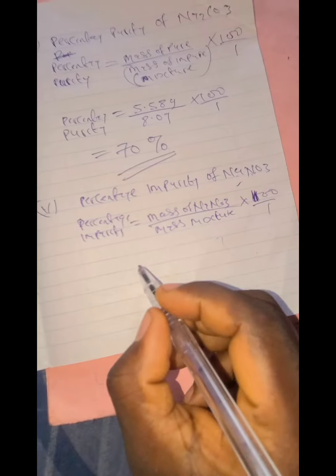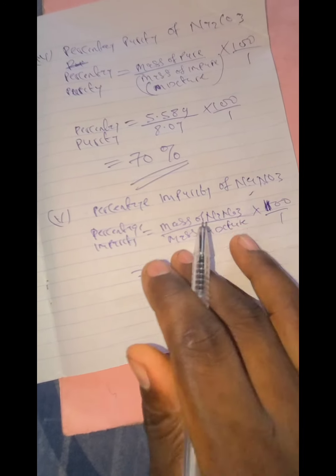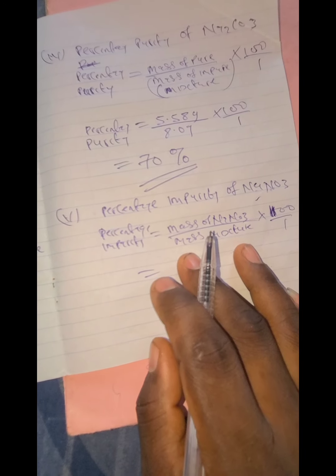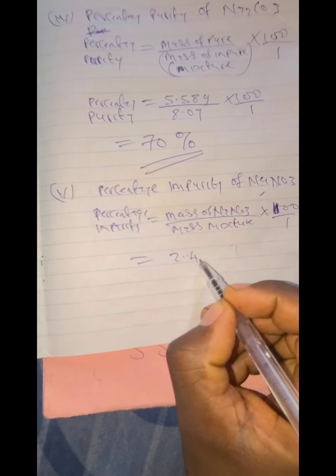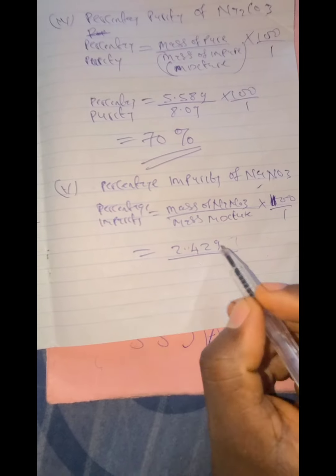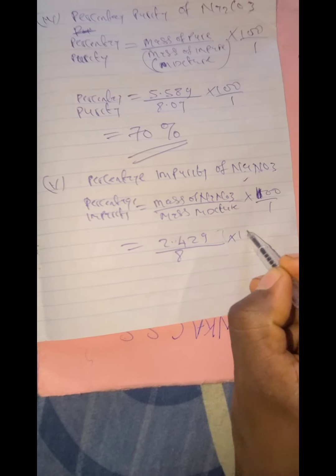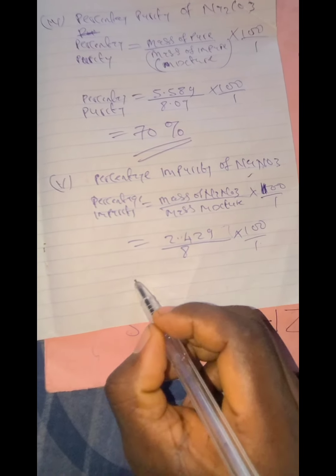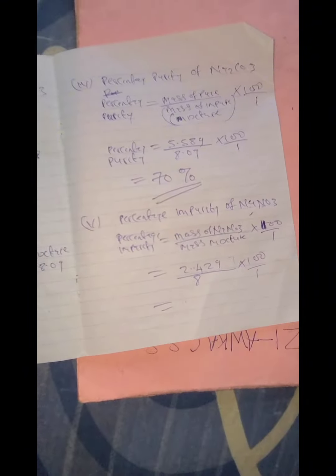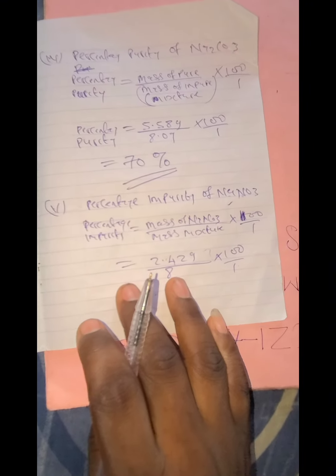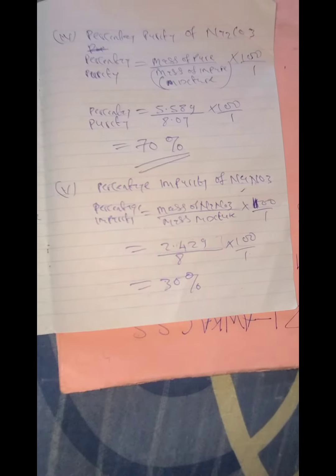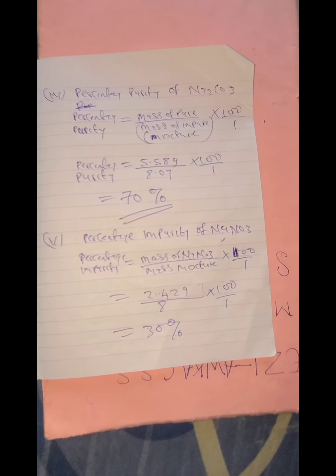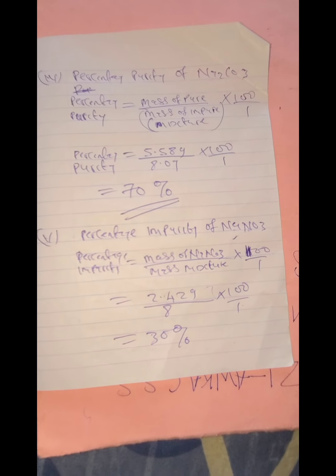What is our mass of this? Remember, we solved it at question number 3 to give us 2.42 gram. So 2.42 gram over mass of impure, which is 8, times 100 over 1. When you punch your calculator, you should be getting 30%.